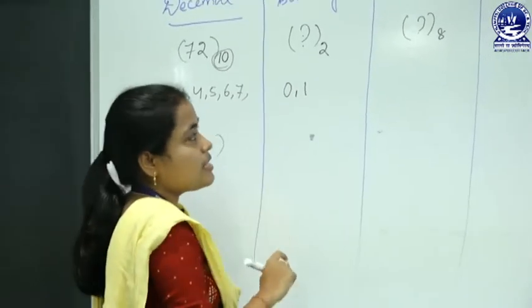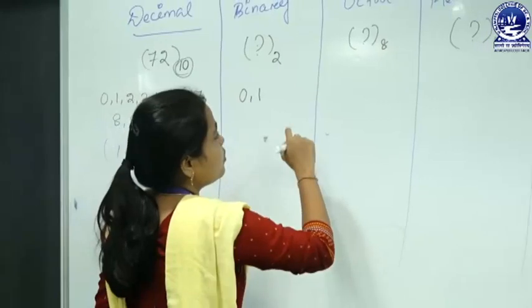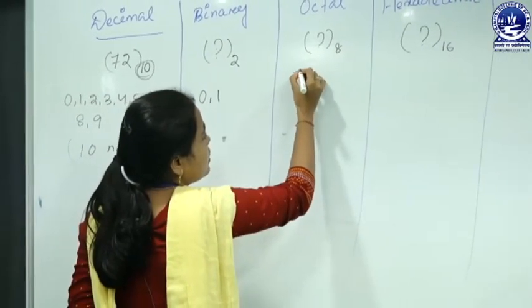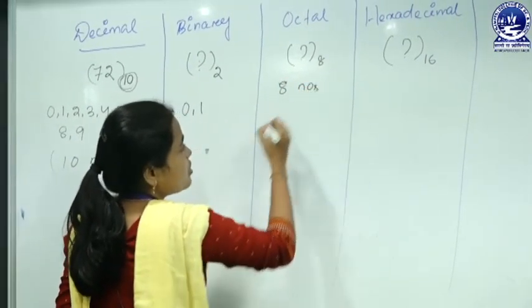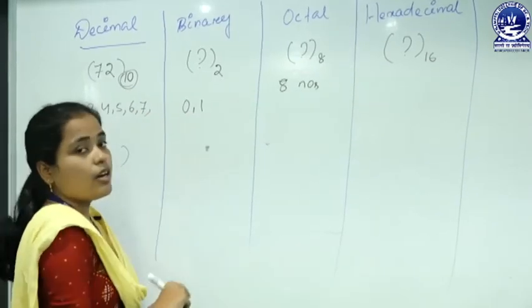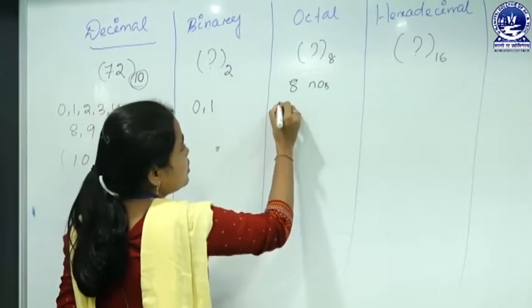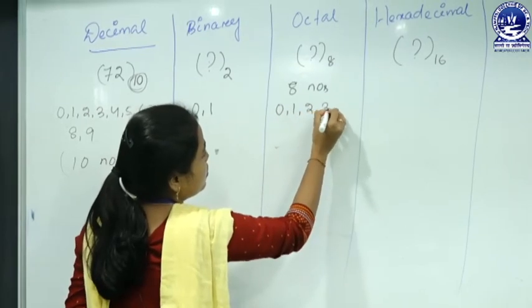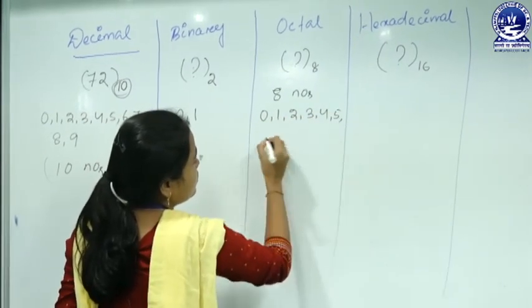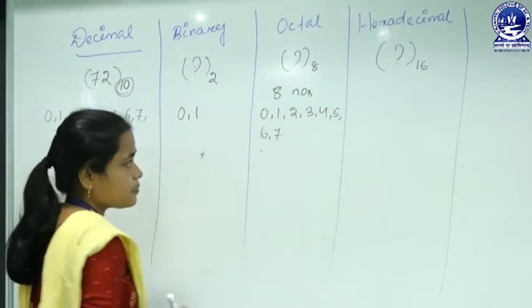Similarly, to represent an octal number we can use 8 digits, that is 0, 1, 2, 3, 4, 5, 6 and 7.